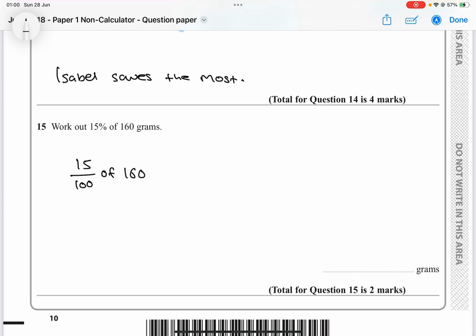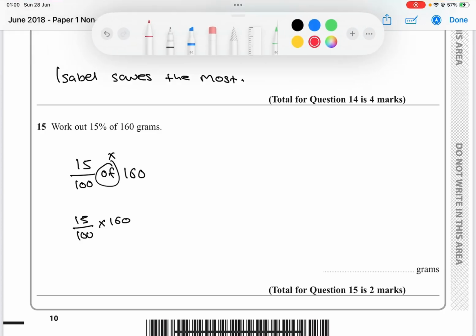What do I do if I just see "of"? Of just means multiply. So 15 over 100 multiply by 150. Now there's 2 things that we can do here. We can either divide 150 by 100, and then whatever our answer is, we just multiply by the numerator. Or I can just completely rewrite 150 as a fraction.